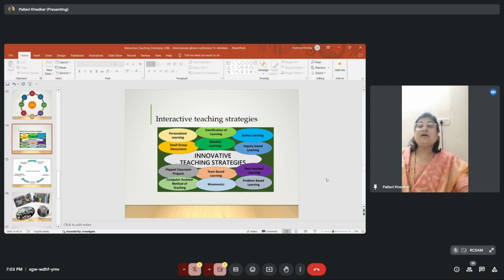So when we are talking about interactive teaching strategies, I will focus on both types of teaching. One is ICT-based, or you can say technology-based learning. The in-house learning, or the learning that is done in the class, is also very important, where we can have collaborative methods of learning.